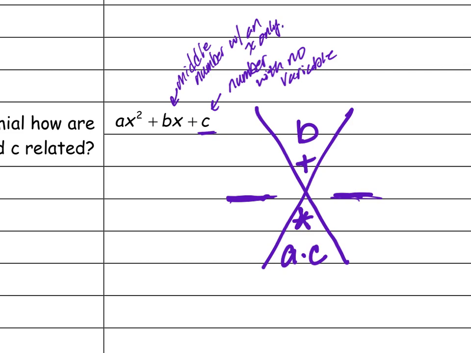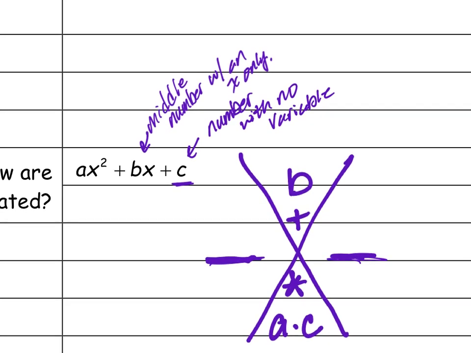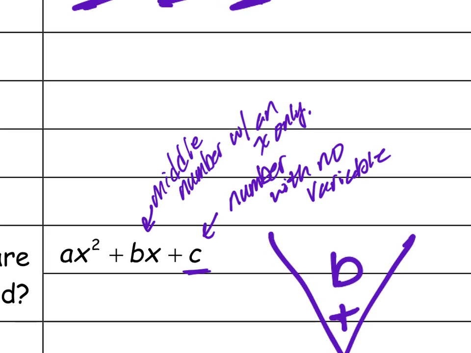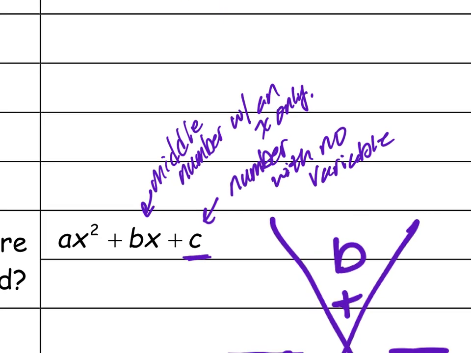Not an X squared, just X, right? So that's what B is. B is the one with the X only. I'm going to kind of make that bigger so the kids in class can see that, guys. So the middle number, B is the one with the X only, and C is the one with no variable. So that's how I know which ones they are, okay? Always, always.